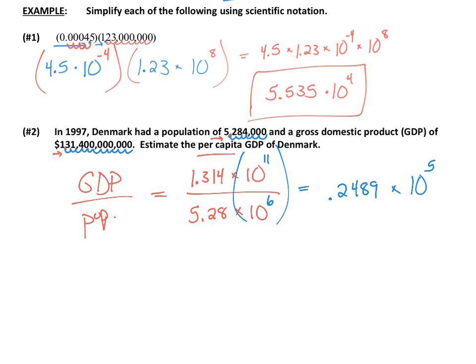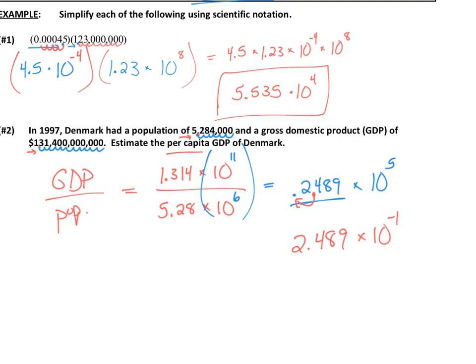Okay, now this gets trickier because our first number is not between 1 and 10. So now we have to move our decimal to here. This would be 2.489 times 10 to the negative 1st, because we'd move it to the left to go back to where we were, times 10 to the 5th.